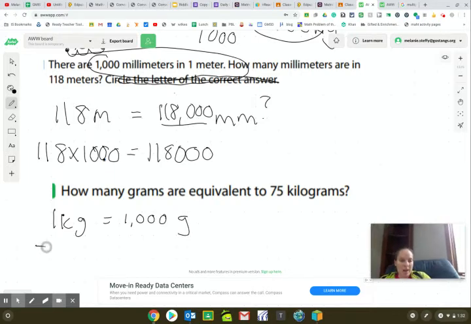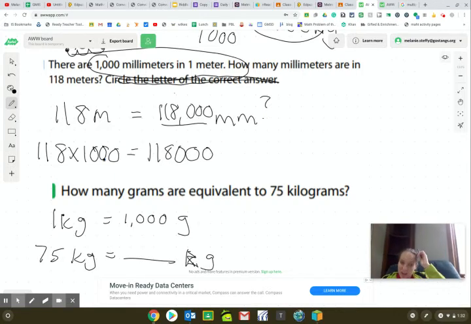So in this case, we have 75 kilograms, trying to figure out how many grams that is. Well, we have 75 groups of 1,000 grams. So in this case, I need to multiply by 1,000 in order to do my conversion.